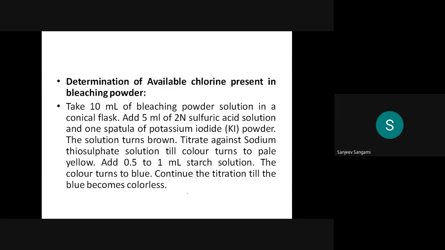Then how do we find the available chlorine? From the 1000 ml of bleaching powder solution you prepared, take 10 ml in a conical flask, with 5 ml of 2 normal sulfuric acid or HCl, both are fine, and 1 spatula of potassium iodide. The solution turns brown.